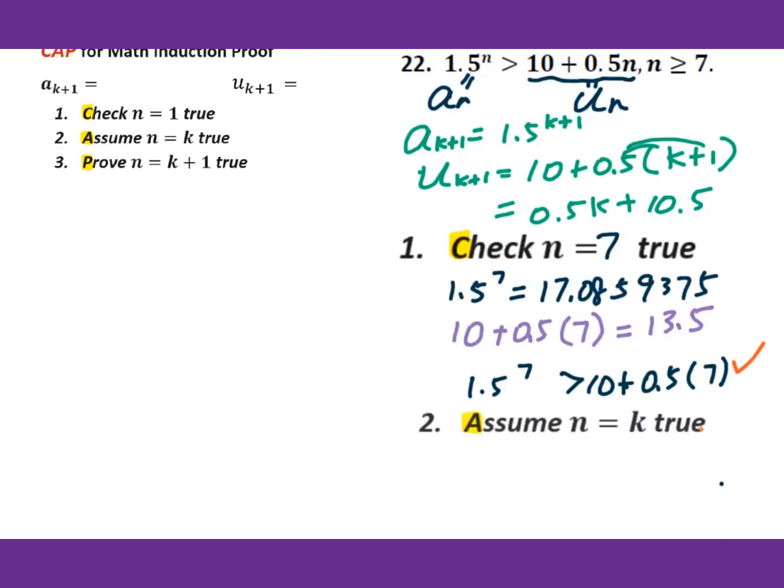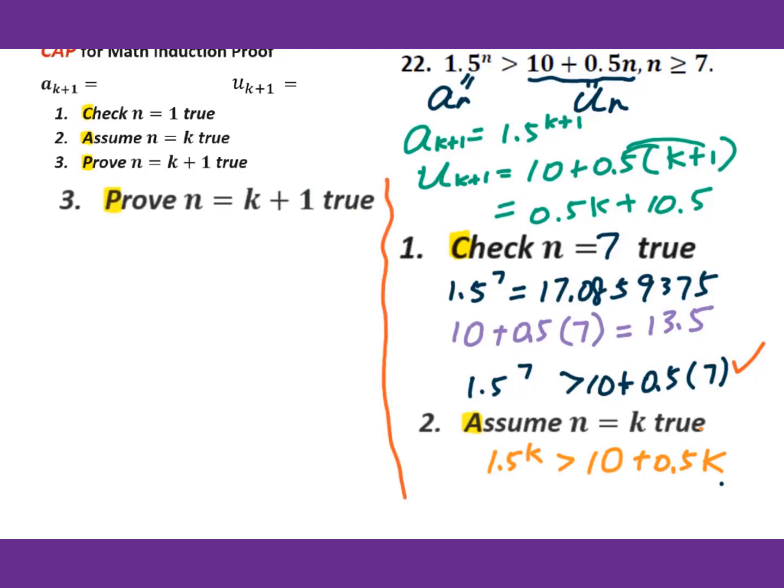Now we assume n equals k is true, which means 1.5 to the k's power is greater than 10 plus 0.5k. Then third step, we need to prove n equals k plus 1 is true.